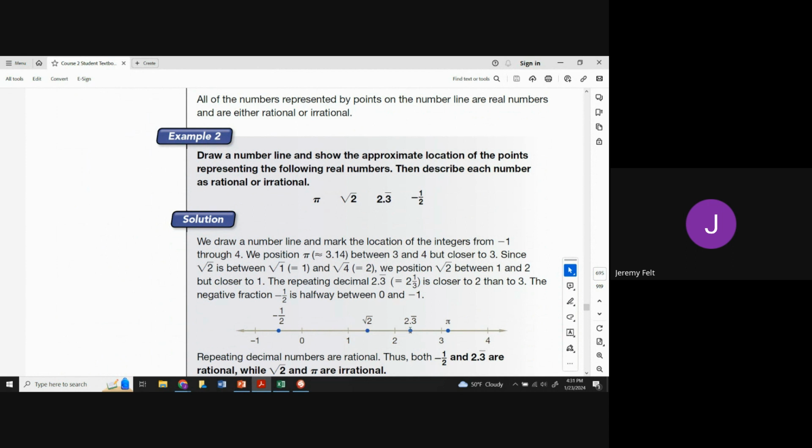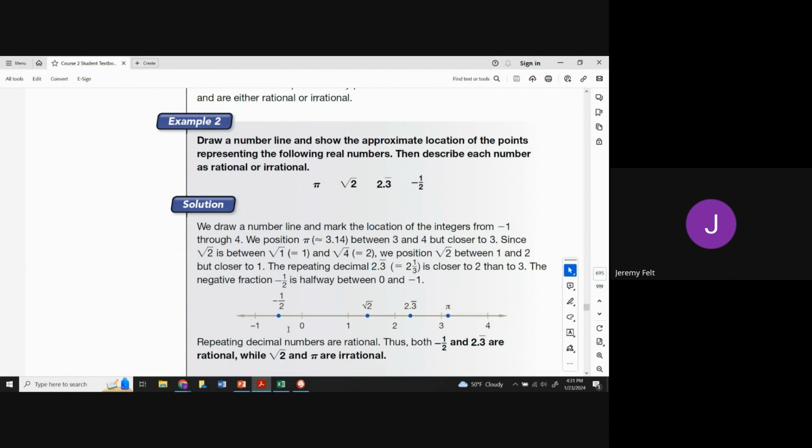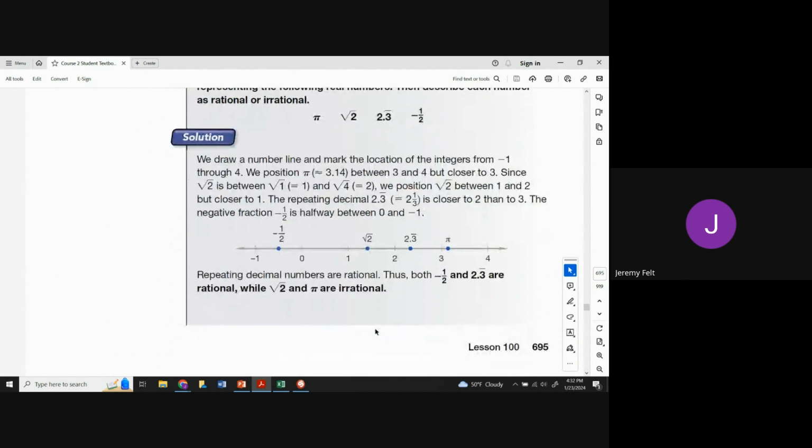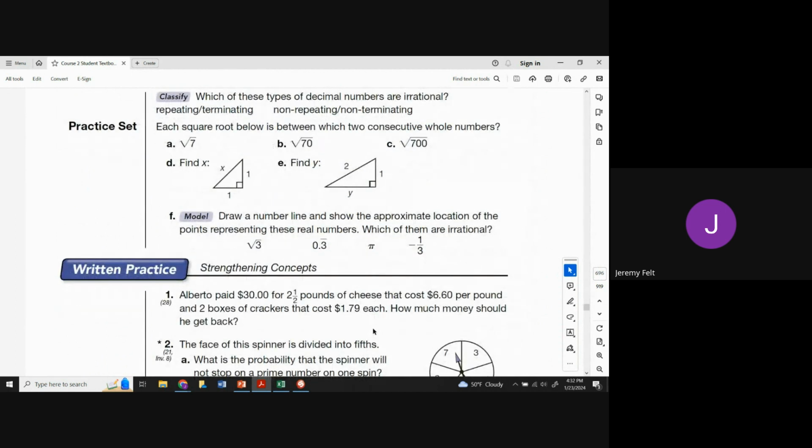Then 2 1/3 or 2.3 repeating, 3.14 continuing on, and then negative 1/2. So they're real, so we can plot them along a number line, even though they may be irrational, like the square root of 2 or pi.